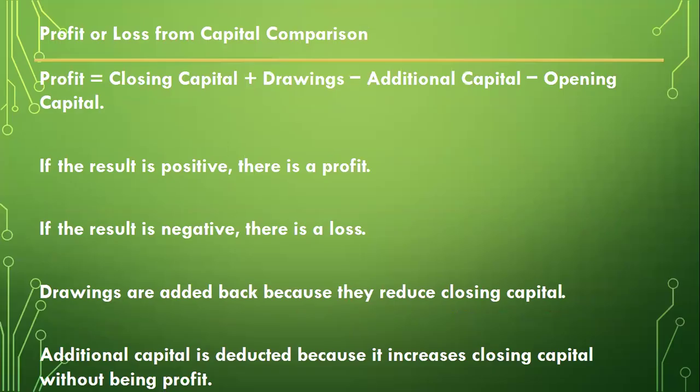The formula for that is your closing capital plus drawings minus additional capital minus opening capital. This gives us our profits. It could be profit, it could be loss.